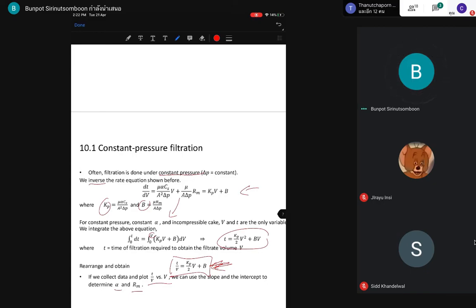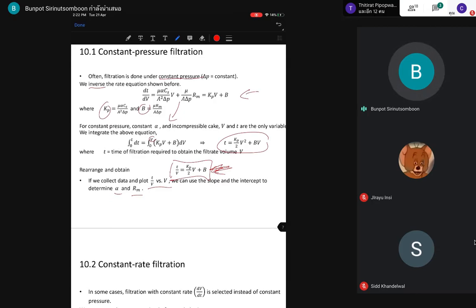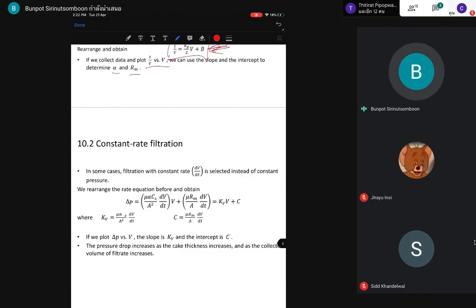And there's also another mode of operation, which is constant rate filtration. This time we try to keep the volumetric flow rate constant, and here the pressure drop is going to change instead. So the pressure drop is going to vary during the process, but the goal is the same.